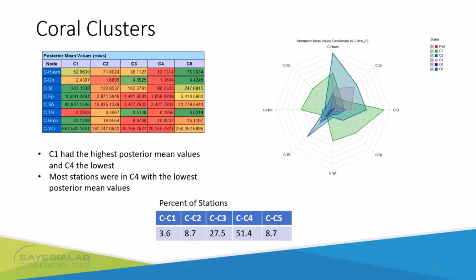Cluster 5 looks like there are sites that have a lot of dense corals, but maybe not very tall corals. The height sum might be from the amount of corals being added up. And cluster 1 tends to be the ones with the large colony forming and branching corals. There's only 3.6% within that category. And C4 is the low coral variables, and over 50% are in C4.